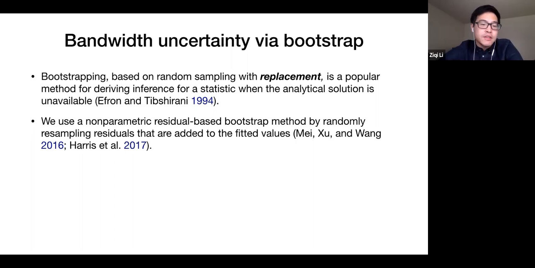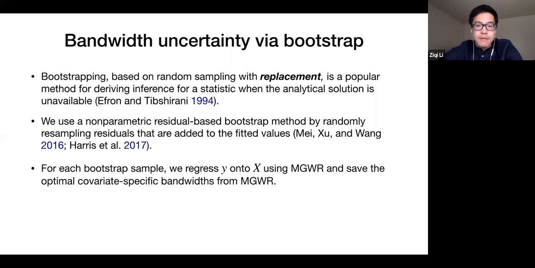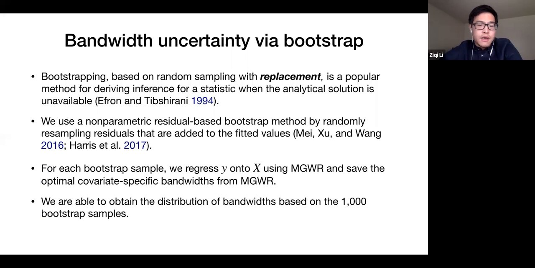So basically, we randomly resample the residuals, add them back to the fitted values, and repeat that many times. For each bootstrap sample, we calibrate an MGWR model and save the optimal bandwidth from MGWR. And we repeat that 1,000 times so that we can get a general distribution for these covariate-specific bandwidths.